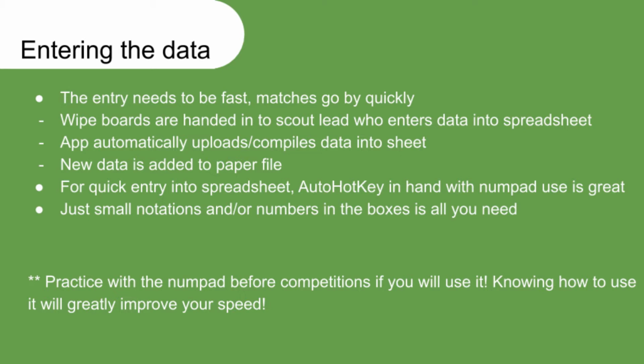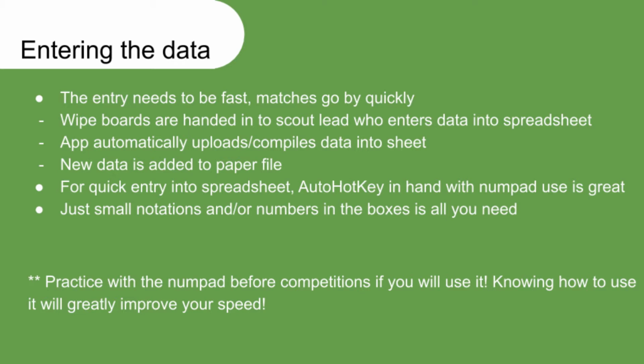The entry needs to be fast because the matches go by quickly. Whiteboards are handed in to the scout lead, who enters the data into the spreadsheet, with how we do it. But an app could automatically upload and compile the data into a sheet. And for paper, obviously, new data is added to the paper file.